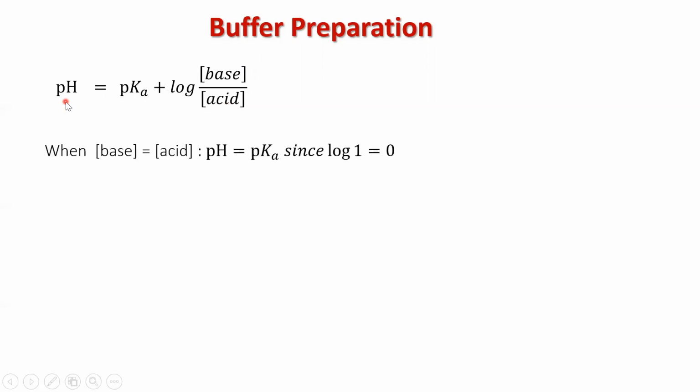Okay, how do we prepare a buffer solution? Well, we can use the Henderson-Hasselbalch equation to figure out how much base and acid we need to add in order to get to a particular pH.